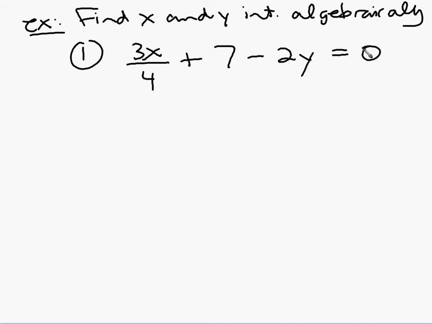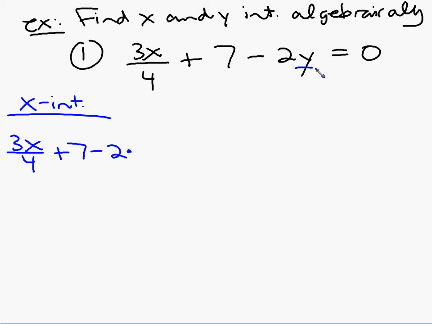This is actually pretty simple work, because let's do the x-intercept first. I'm going to replace y with a 0. So I'm going to have 3x over 4 plus 7 minus 2 times, instead of a y, I'm going to put a 0, equals 0.